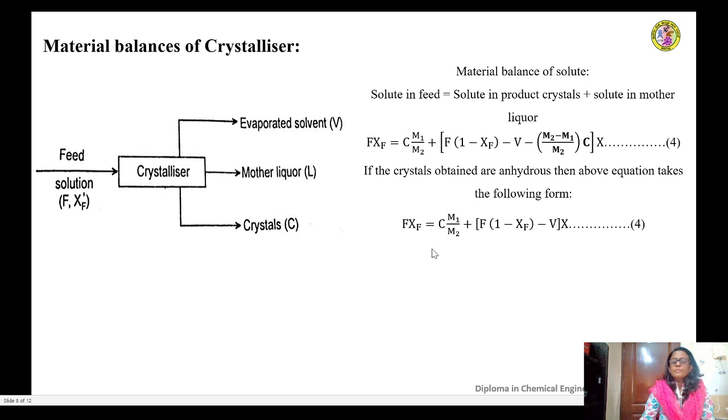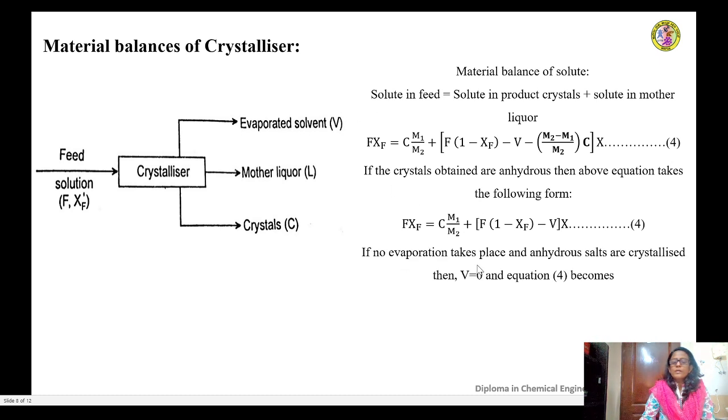So further simplification can be done if there is no evaporation of the solvent. So if V is equal to 0, then the equation gets further reduced to the form F·xf is equal to C into M1 by M2 plus F into (1 minus xf) into X, because V is assumed to be 0.